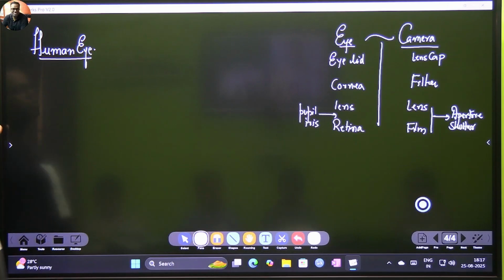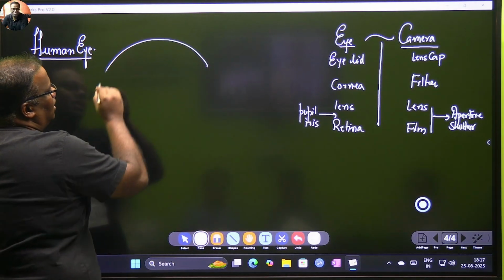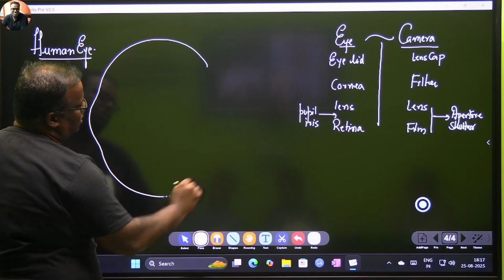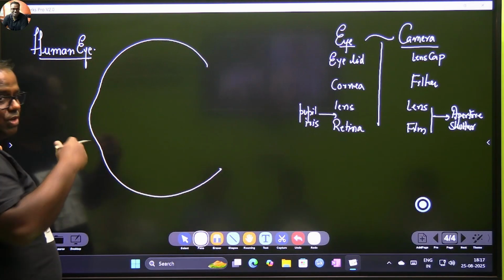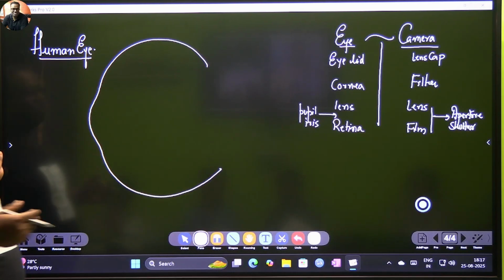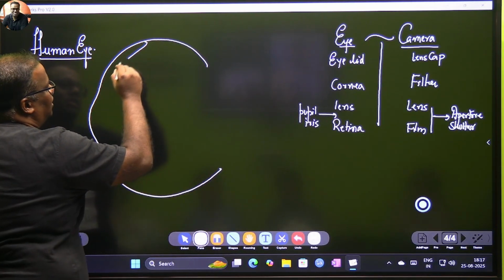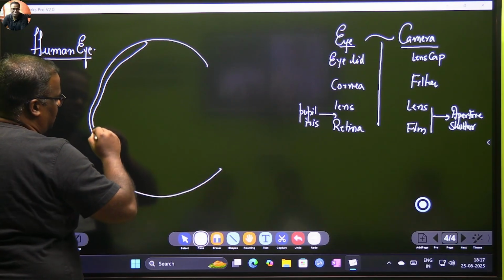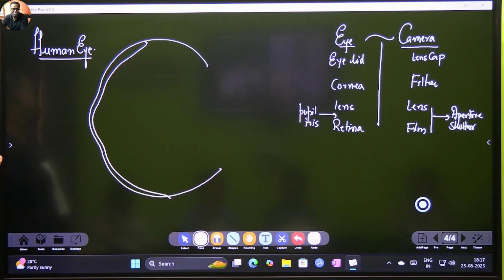Okay, so it's easy. The human eye is typically a construction which is like this, right? The outer surface, we are not drawing the eyelids out here. We are drawing from the cornea portion. So let's say this is the white bulgy portion that you see. That is known as your cornea, right?